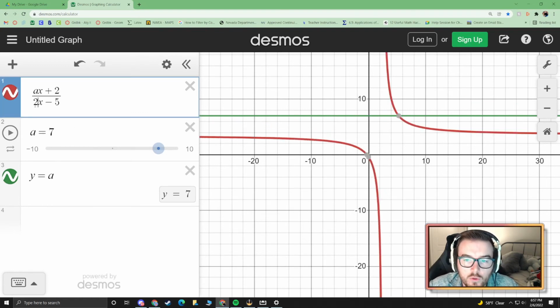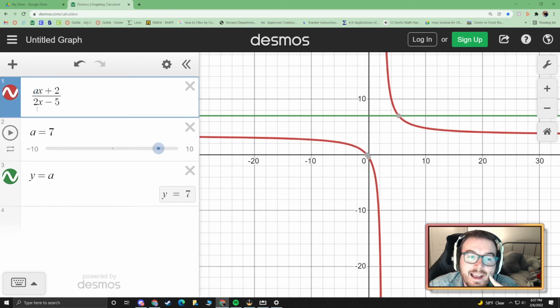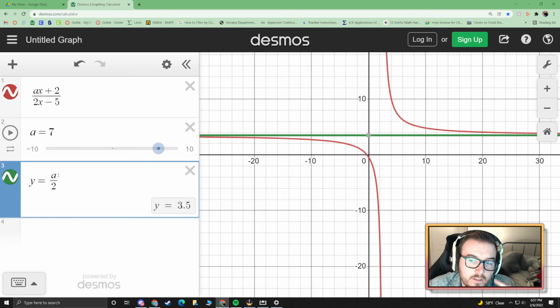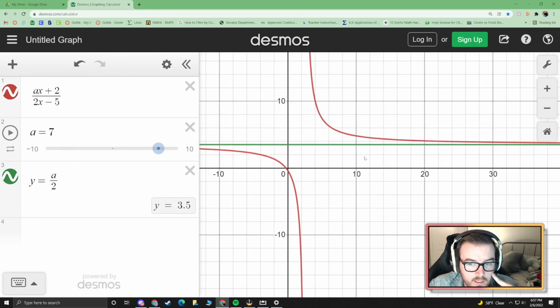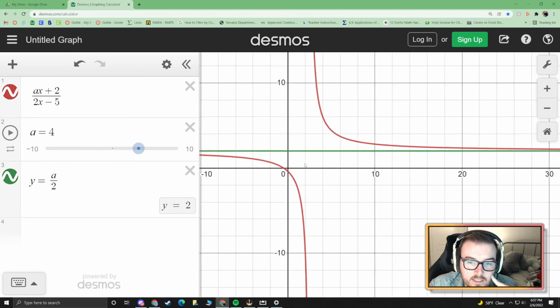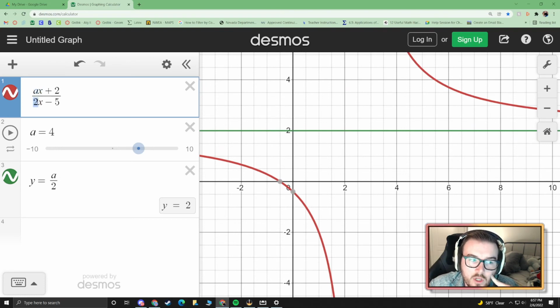So what happens if I put a coefficient on the bottom then? What if I make it 2? Well, now the asymptote should be at 3.5, because a is 7, divided by 2. So now the asymptote should be at half of whatever a is because we're dividing by 2 each time. So this asymptote is at 2 because the top coefficient is 4 and the bottom coefficient is 2.